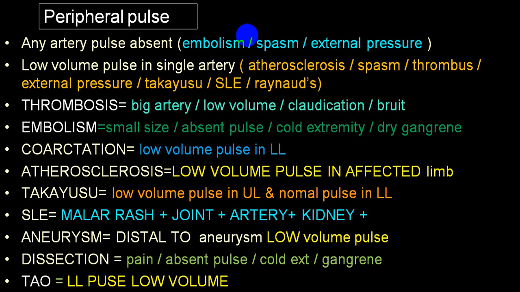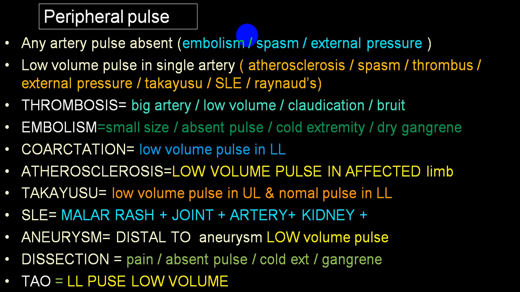Classical example, it is called Takayasu, or the word reverse coarctation is also used, because in coarctation the pulse in both upper limbs may be of a large volume, carotid pulse will be of a large volume, but the pulse in both lower limbs will be of a low volume if the coarctation is after the left subclavian. If coarctation is before the left subclavian, then in the left upper limb and two lower limbs you will have a low volume pulse.